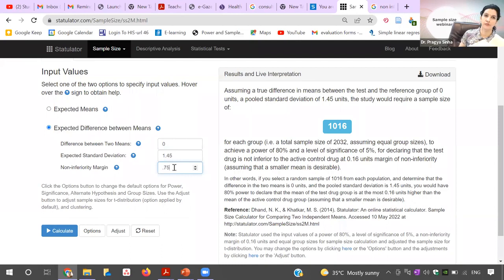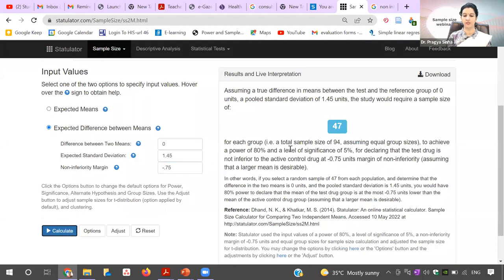And because you are taking increased weight gain as the outcome, it is a positive outcome, so I'll set this as a negative. And then I may calculate this. So it is 47. You can see the description is also there.